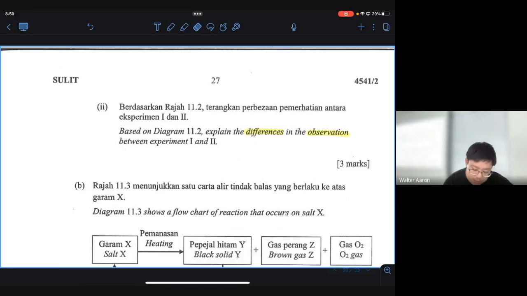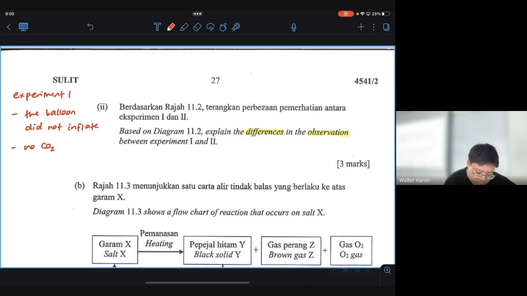So for experiment 1, what you notice is that the balloon did not inflate. Okay, then you explain that no carbon dioxide gas is released. And then explain why.